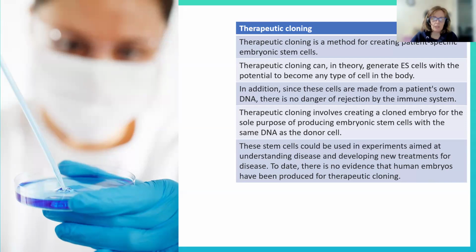We could use stem cells in experiments to help us understand disease, and we could use them for treatments. And at this point, we've had no evidence that human embryos have been produced for therapeutic cloning, just for research purposes, and making sort of spare parts or anything.